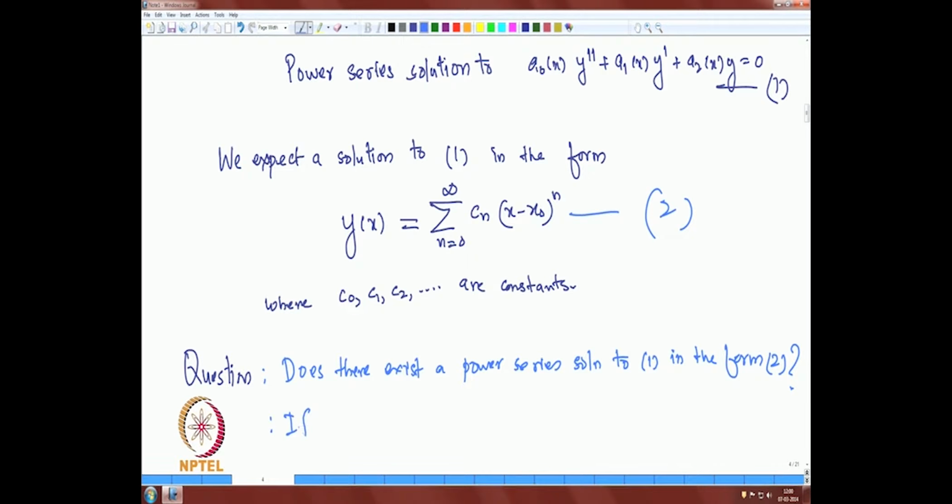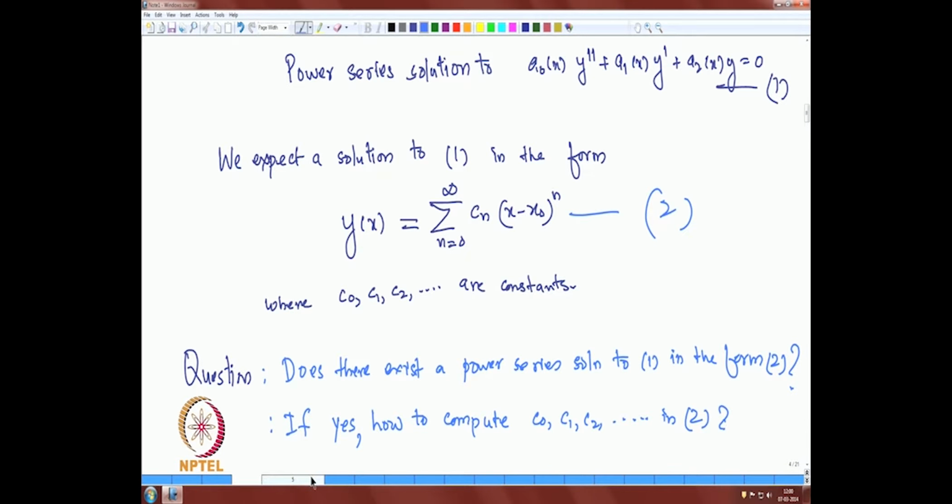So, if so, how to compute C0, C1, C2 etc. in 2. So, these are the two questions.